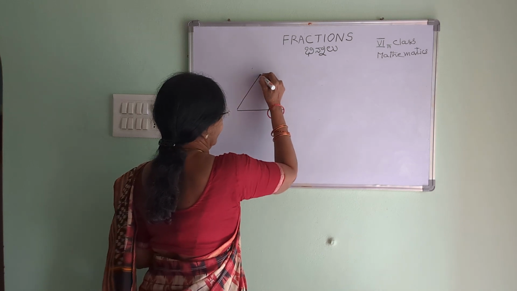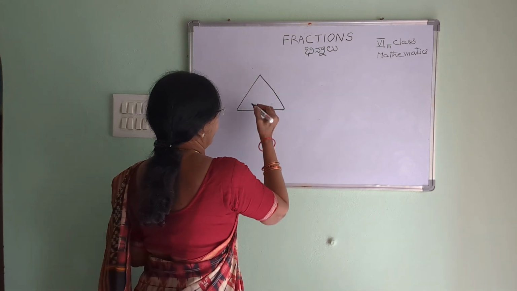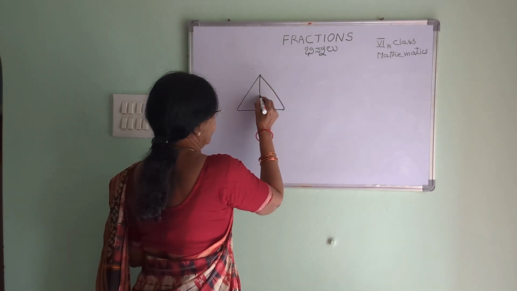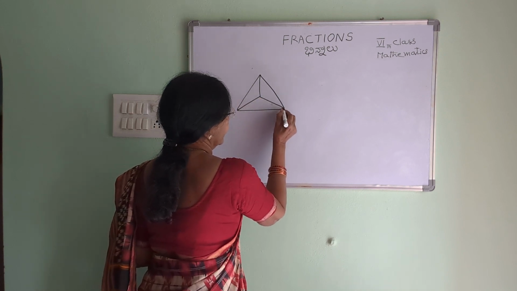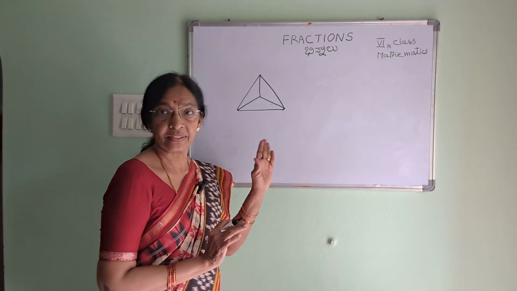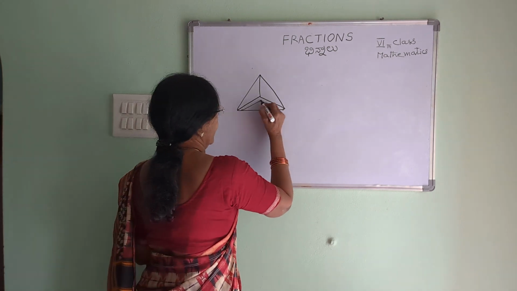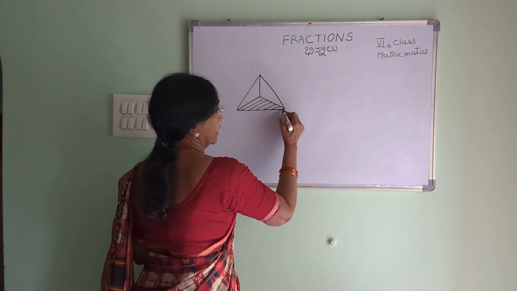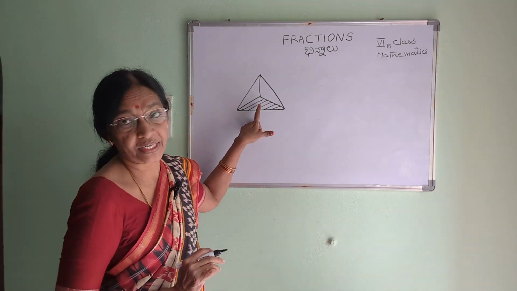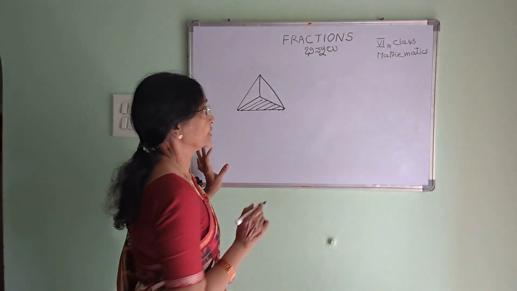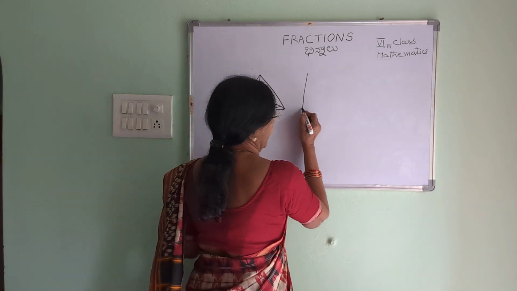Here I will give you a figure. Here it is divided into 3 equal parts, and one part is shaded. Write the fraction which represents the shaded portion. Similarly, another.